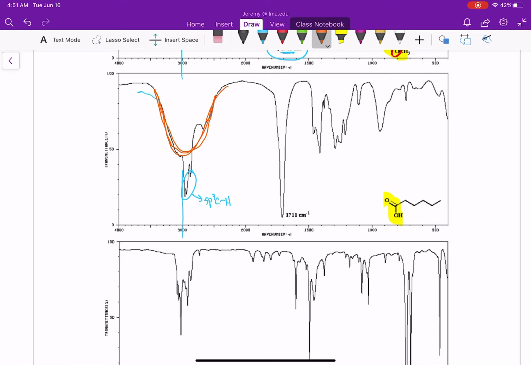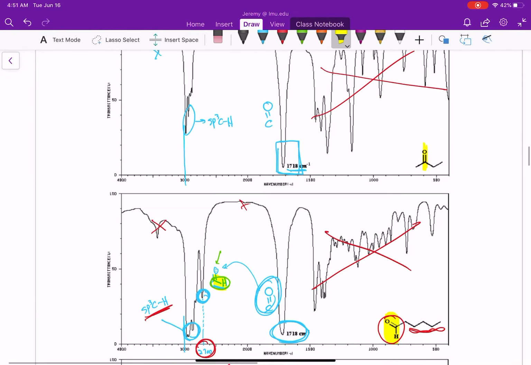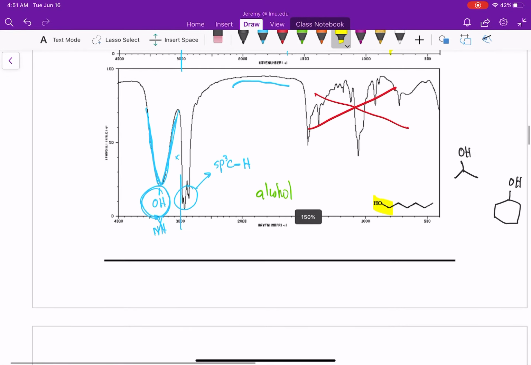And that big, broad peak here is in zone 2. So when we have this big, broad peak in zone 2, that is the OH of a carboxylic acid. Let's review and look at what an alcohol looks like.